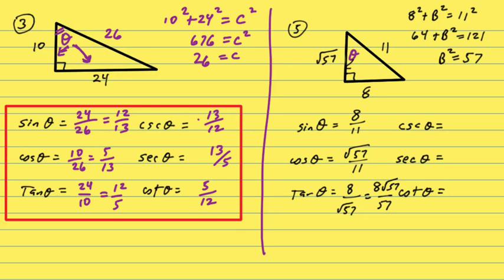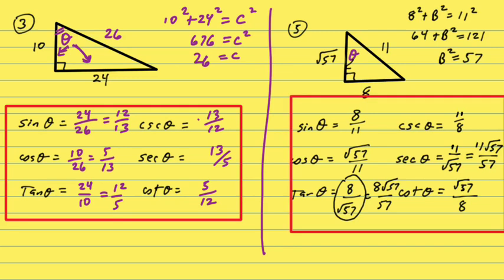Flipping 8 elevenths turns it into 11 eighths. Flipping this one over is 11 over radical 57. You can't leave radicals in the denominator, so we have to rationalize it. Same thing here, but it might be easier to flip it at that stage: radical 57 over 8, and then you don't have to worry about rationalizing. Anyway, there's 3 and 5.